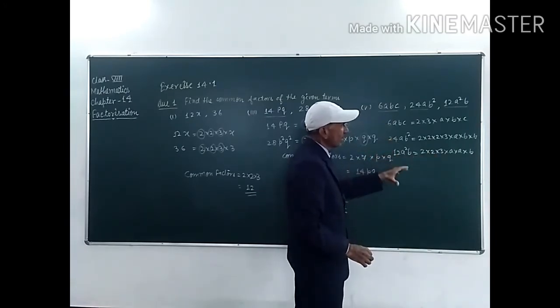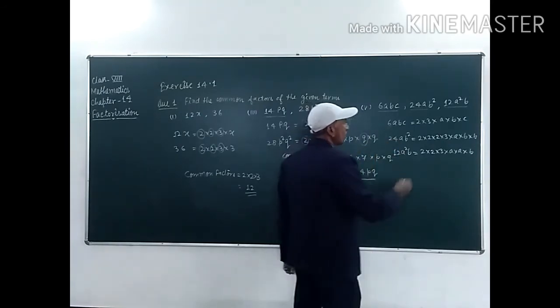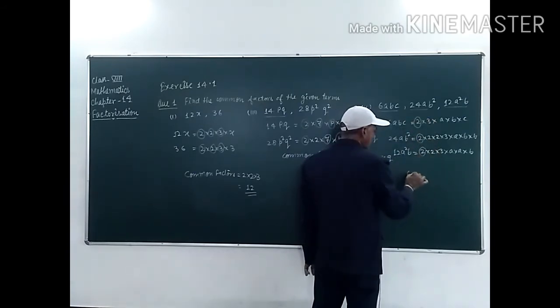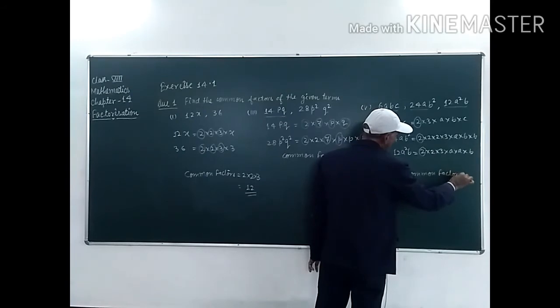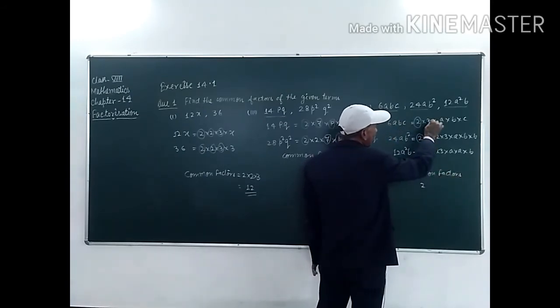What are the common factors in these three expressions, we have to choose now. So first, 2 one time is common. Common factors, that is 2 first, and 3, at least one time 3 is present in all.